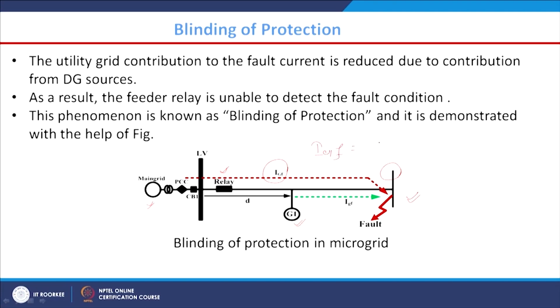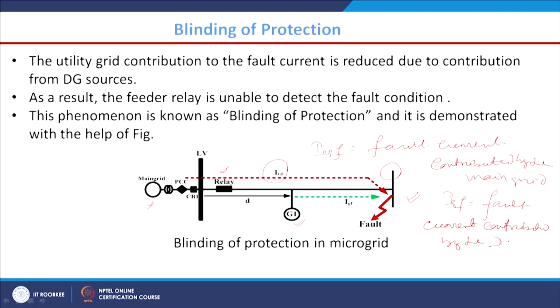This IGF is the fault current contributed by the main grid. And small Igf is the fault current contributed by the DG or DER, right.